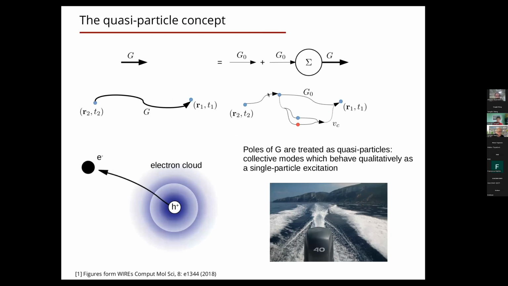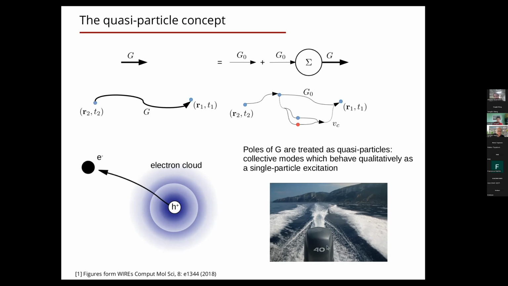These can be seen like, in this case, an added hole that produces an electron cloud around it, while the poles of the interacting G are propagating freely. So we can think about the quasi-particle as the hole itself and its electron cloud, which propagates freely around the solid.